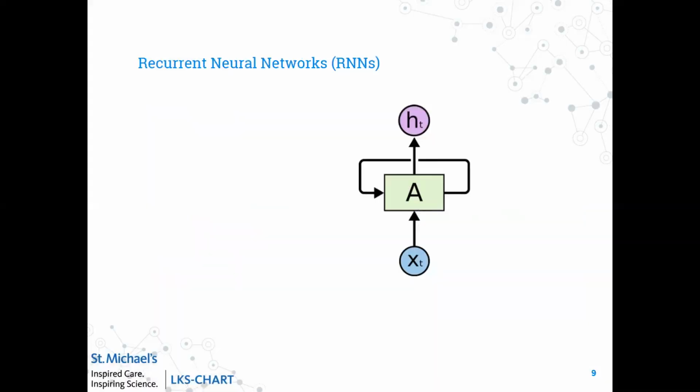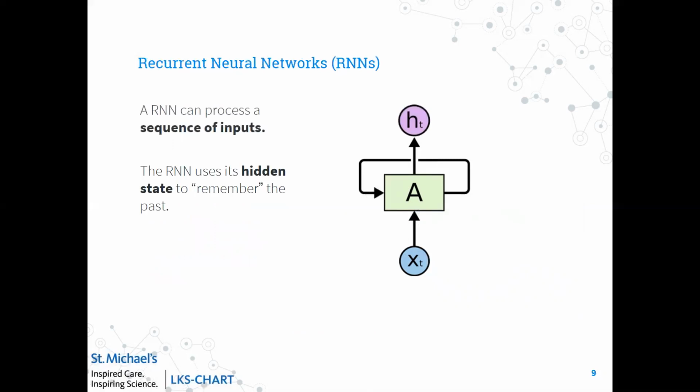Now, RNNs, as I've mentioned before, process a sequence of inputs. And they do so by using their hidden state to remember the past. In this diagram here, the hidden state is represented with the green rectangle labeled as A over here. When it comes to RNNs, the output is dependent on the computation of the previous time step.